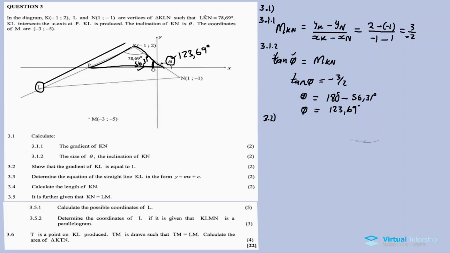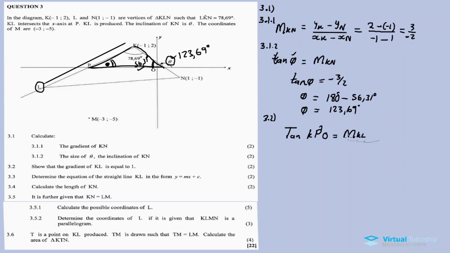This angle is also the angle of inclination for KN. To calculate the gradient, I need the angle of inclination of KL, which is angle KPO. Angle KPO is the angle of inclination.